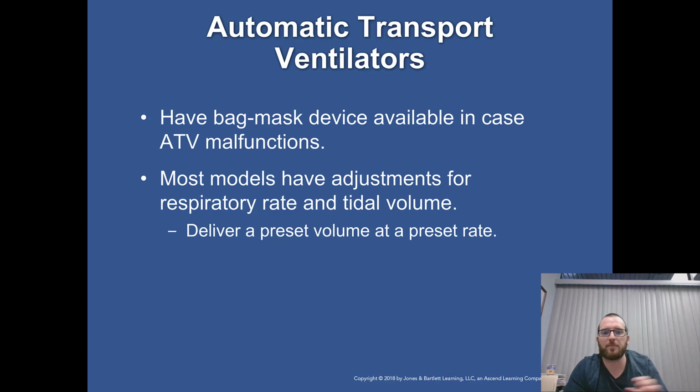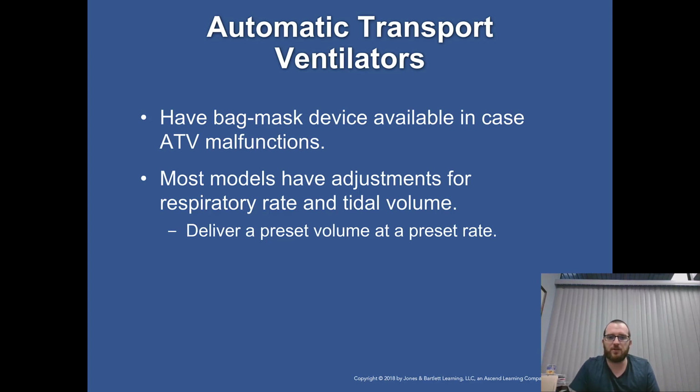All right. Have a bag mask device available in case your vent malfunctions. Just because we get the vent going doesn't mean everything's going to be good forever. We always have to have all of our airway management equipment out and ready to go just in case something happens. Whether it's our vent or the patient's ventilation or something else going on, if it's not working properly, immediately revert to your BLS airway management.